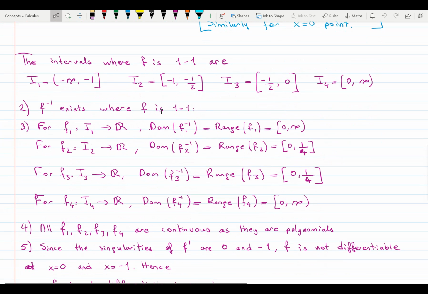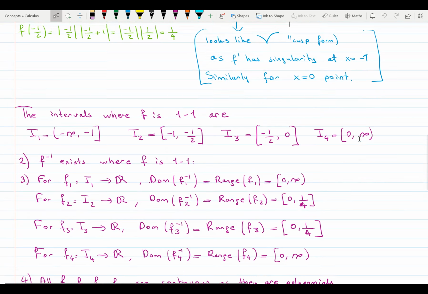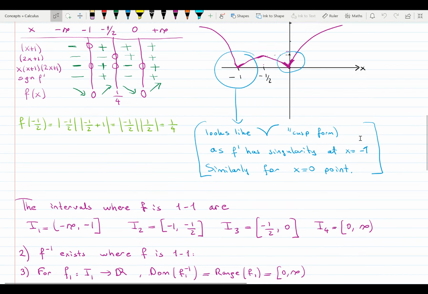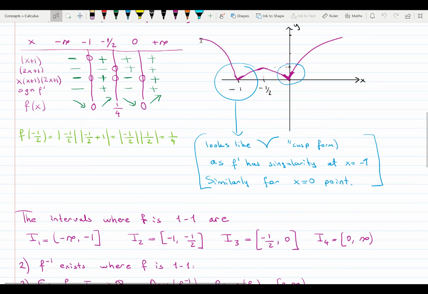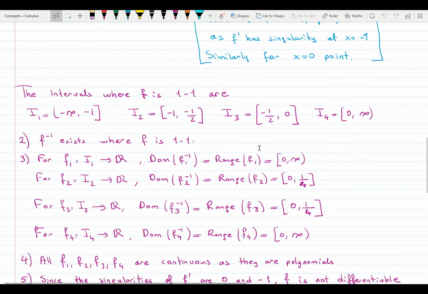For the domain of f1 inverse, since this is an interval, that will give us 0 to infinity. It is easy to see that from the graph, right? This is the first interval, and then y will go from 0 to infinity. If we think of this one as the domain, this one will be the range, and so on and so forth.